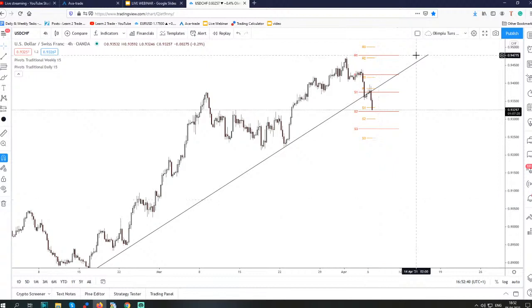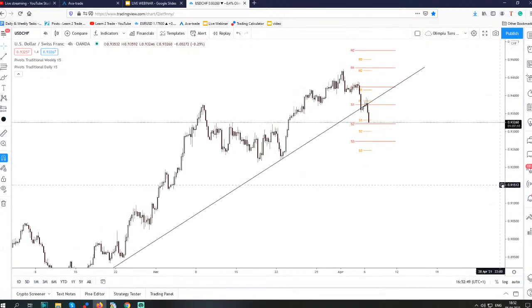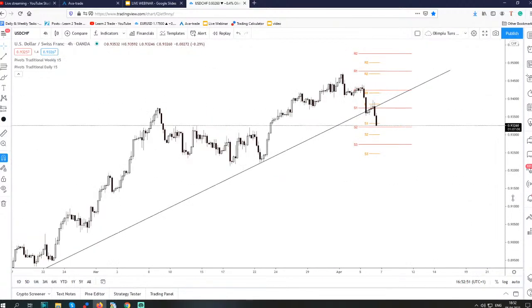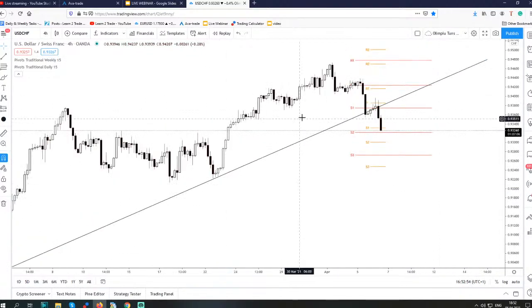Also, the price failed here to jump above R1, the weekly resistance. Here we had a bearish engulfing right below R1, right on the R2 daily resistance.